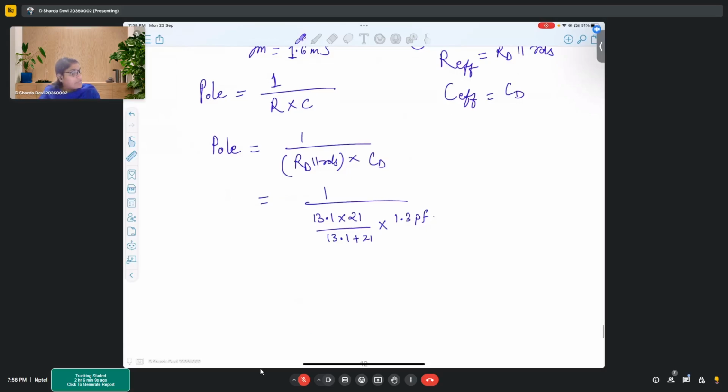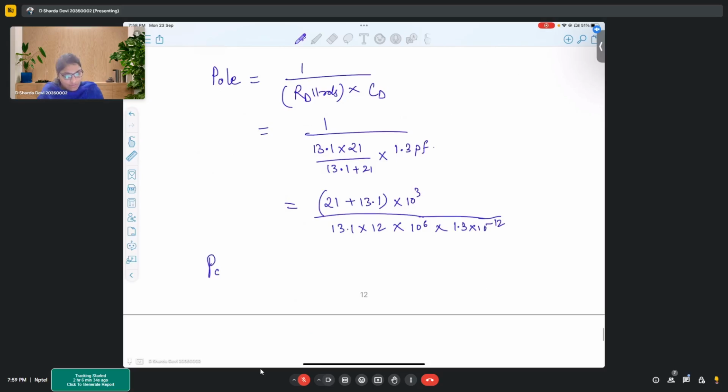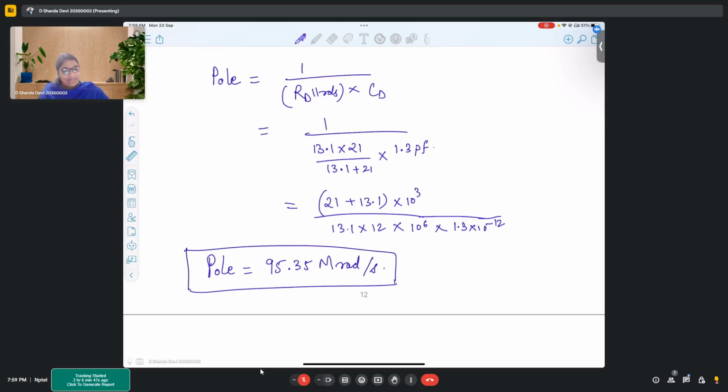So when we compute this, what we'll get is 21 plus 13.1 by 13.1 into 21 into 10 to the power 6. Here it is 10 to the power 3 into 1.3 into 10 to the power minus 12. So after solving this, the pole value turns out to be 95.35 megaradians per second. Is this clear?